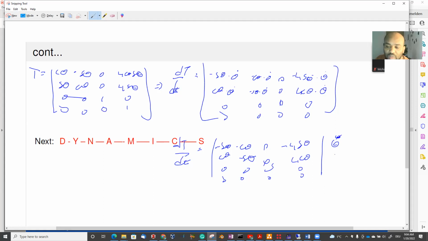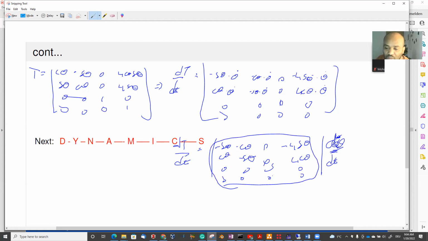We can write something like this. So this is a time derivative, which we call d theta over dt, and this is a time independent variable.